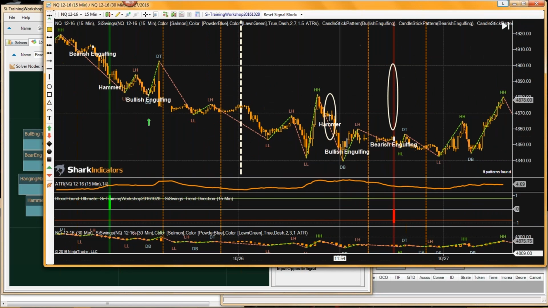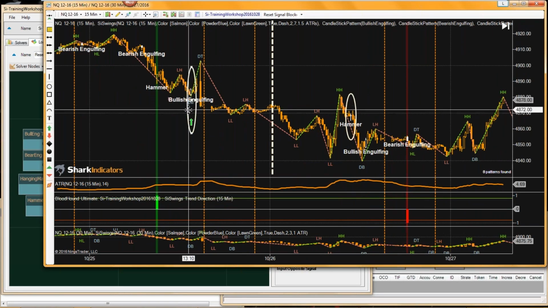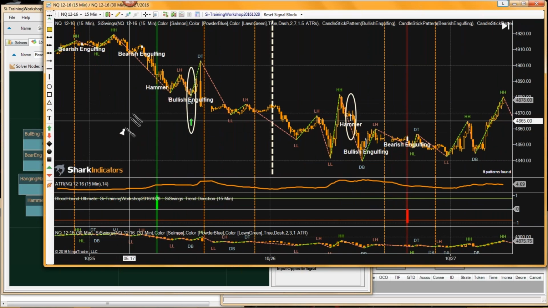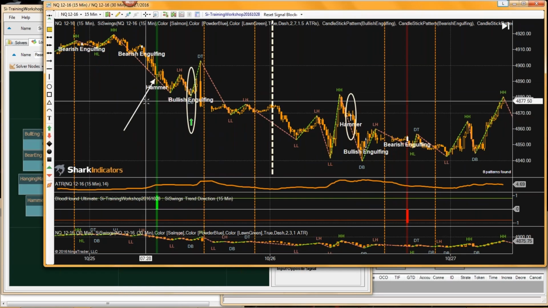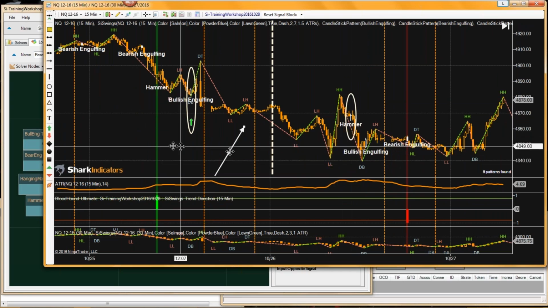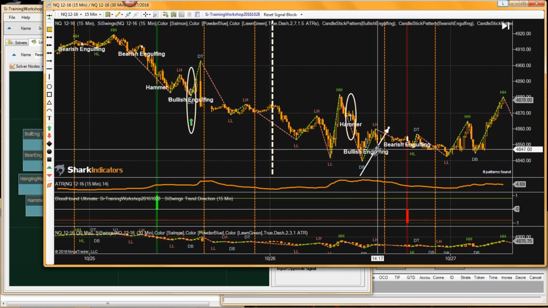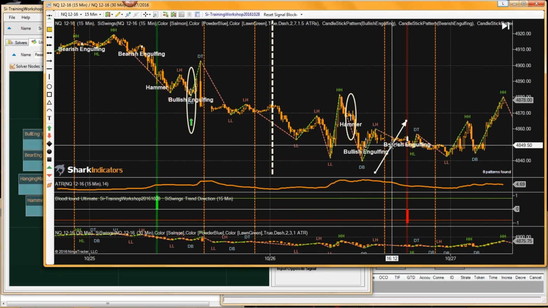If we take a look at this, if you remember, there was a long signal here. So we got our first long signal coming in, and then all these additional long signals were blocked. We got 1, 2, 3 additional long signals. They were all blocked until this short signal came in.